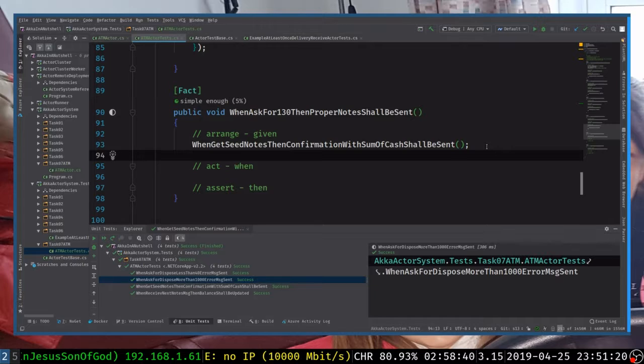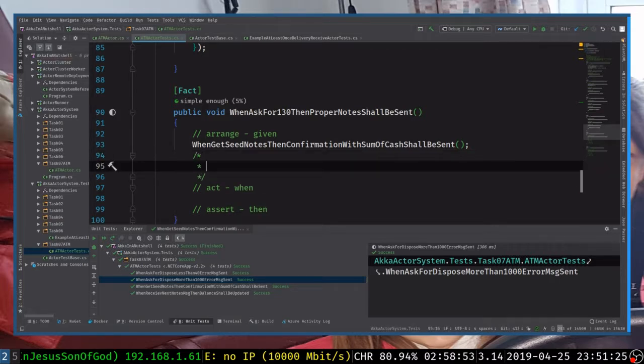Okay, so 130. If we have what we have, then 130 should be 100 plus 30. So in our case, this is not the case because we don't have notes of 10. Right, so this is, let's say, the easiest.